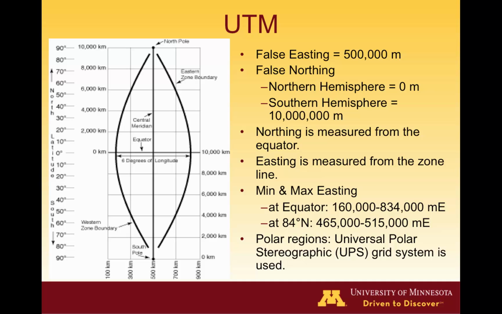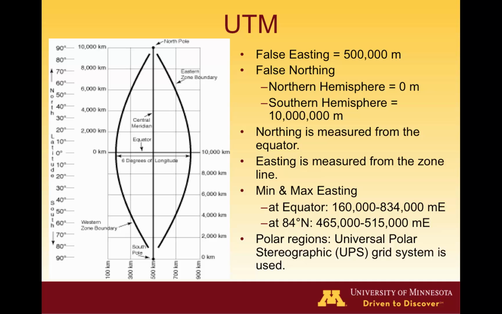That means if you are locating a point in the northern hemisphere, you will get the distance from that point to the equator as your northing. There's no false northing, or the false northing for the northern hemisphere is 0 meters.